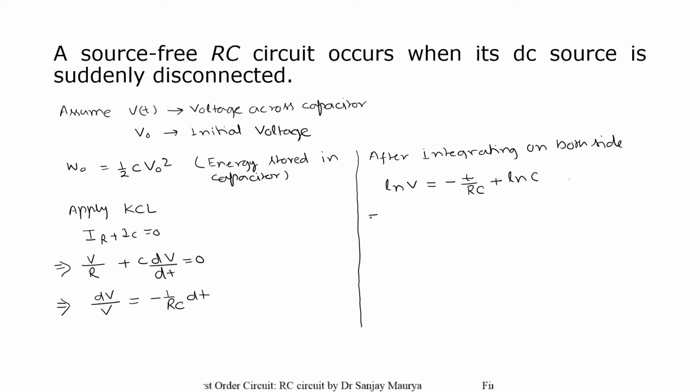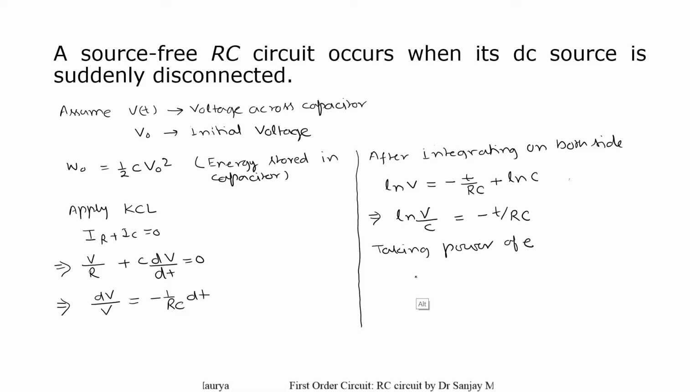We can further write it down, log of V by C is equal to minus t by RC. Taking the power of e, we can write it down, V(t) is equal to C e to the power minus t by RC.